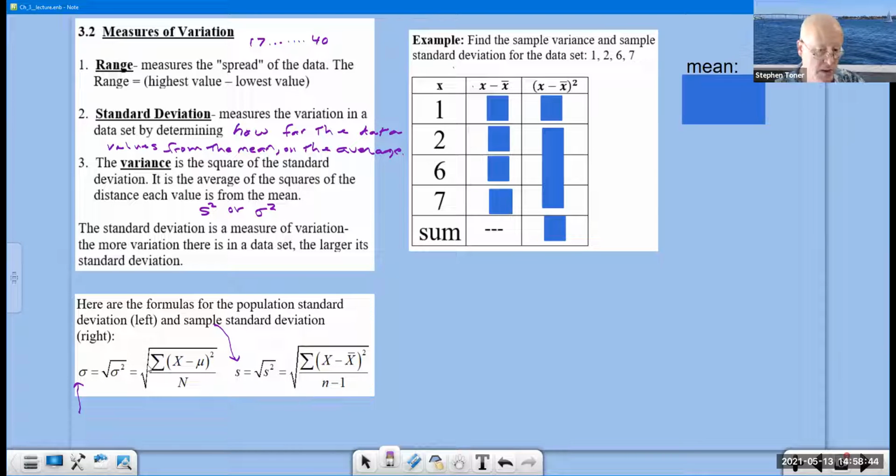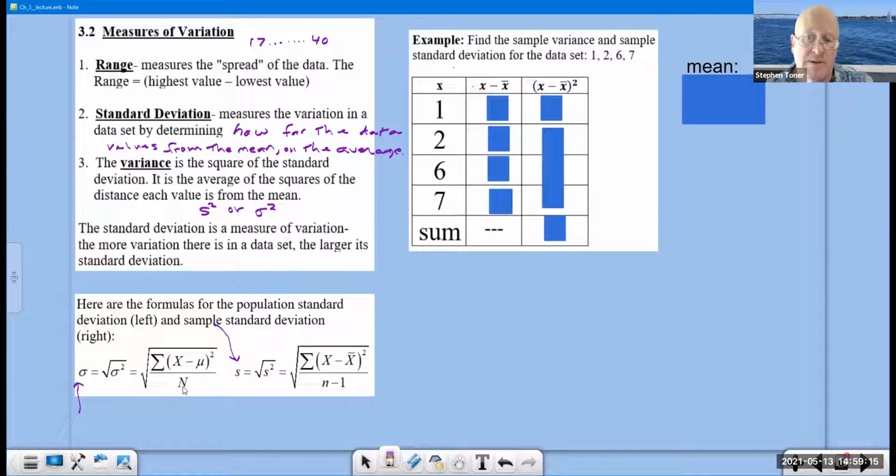They both have a square root of the sum of how far data values are away from the mean, etc. And let me just begin with showing you how you will do this calculation manually. This will not be something that you will need to do at all, because we're going to be bringing out the calculators in a little bit, and the calculators will make this a very easy calculation. It's basically done for you.